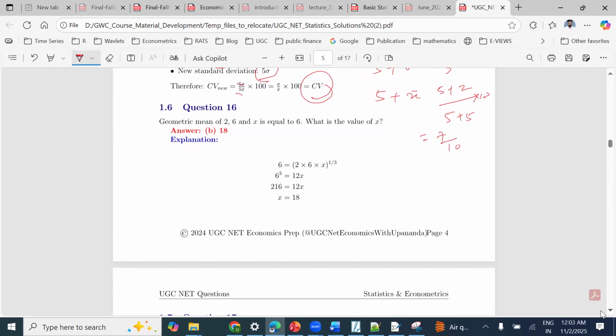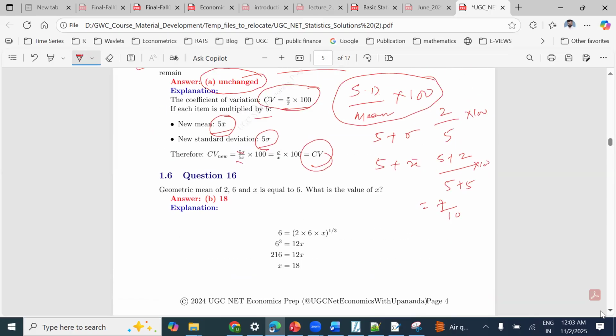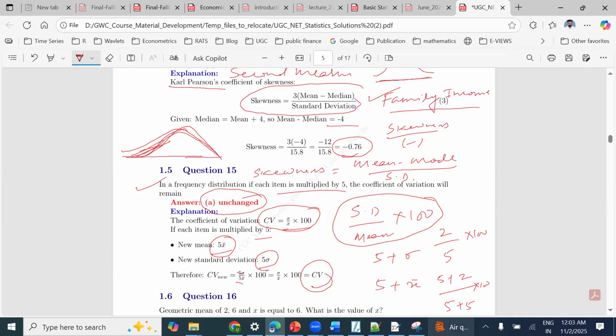But what I told you, you should always remember that whenever we are using relative measures of dispersion, it means there is no unit of measurement. This is also another important dimension.